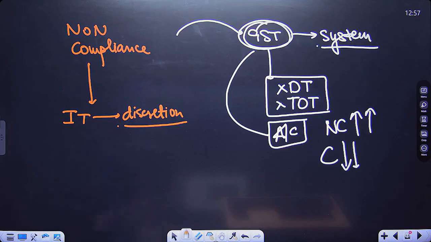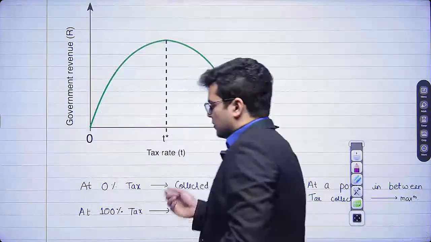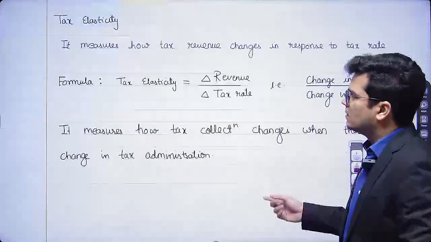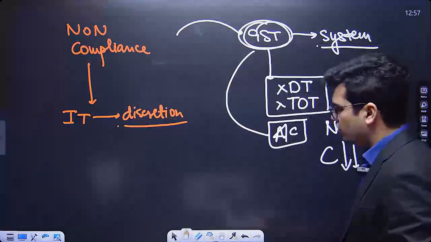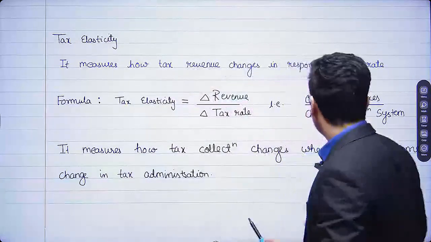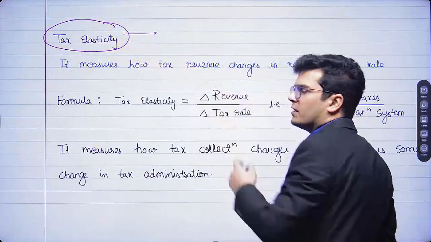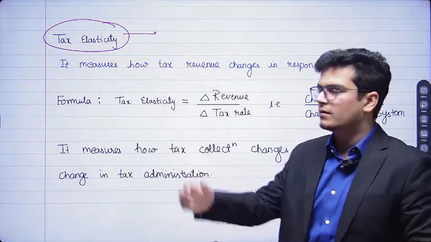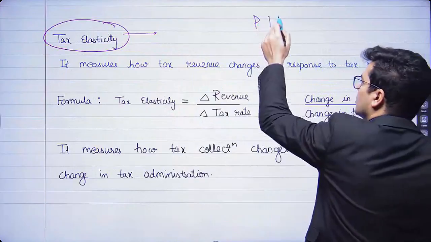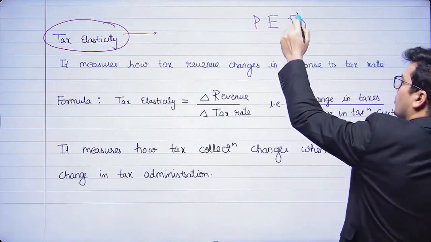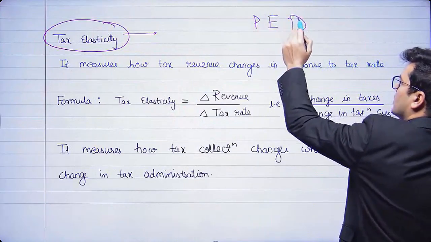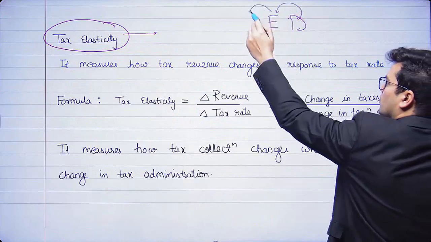Now, one more concept we have to read is called tax elasticity. Remember, we have read price elasticity of supply, price elasticity of demand. How does demand respond to price?